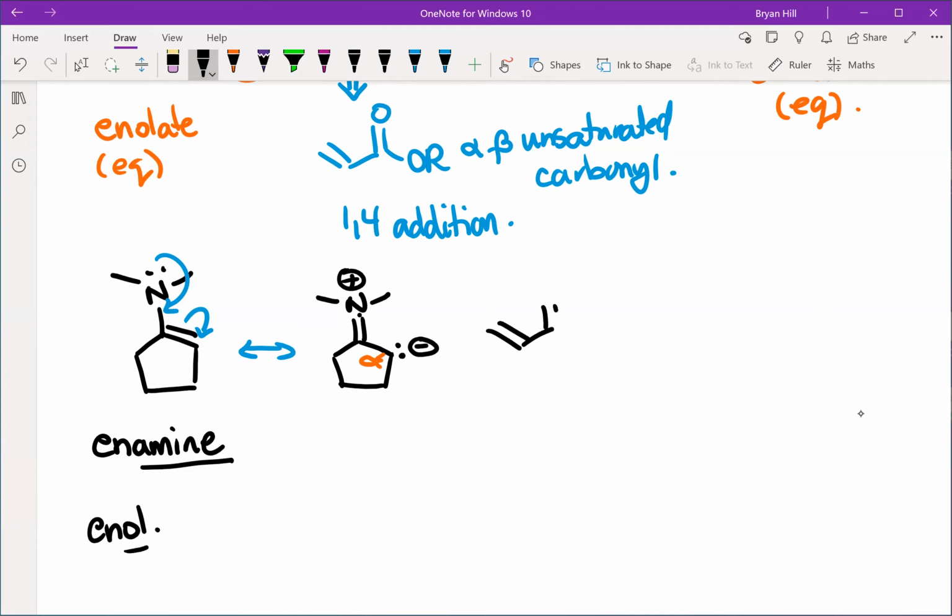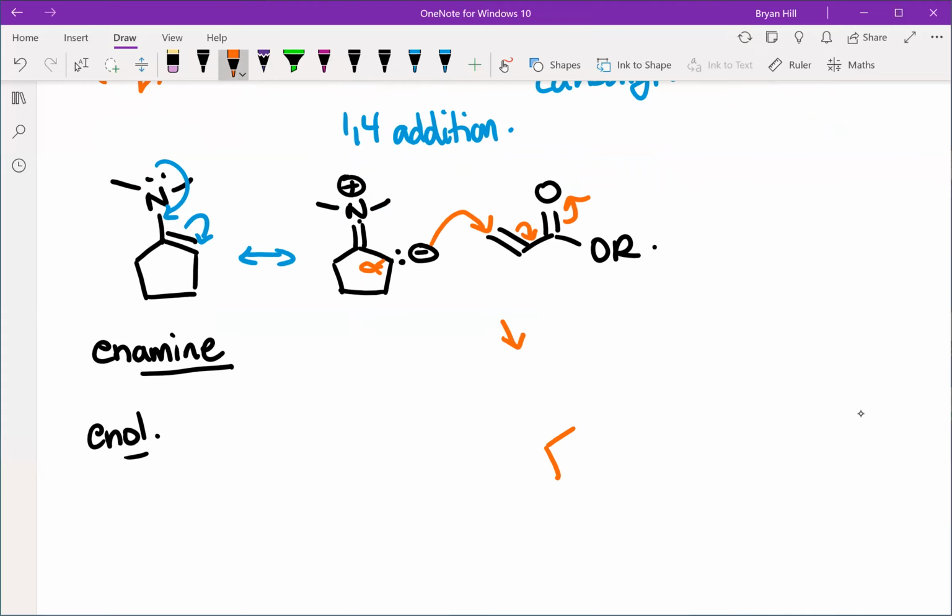So in this case, if we're using an ester as our acceptor, these reactions work very well. So this would go there. And we form, so you generate an enolate here, and then what can happen is it's very similar.